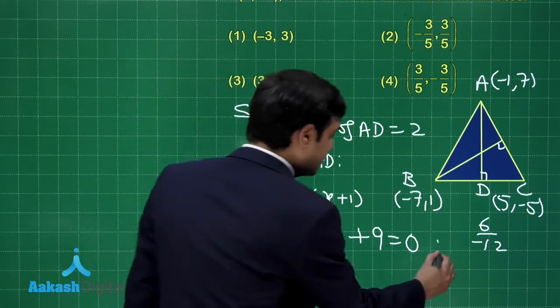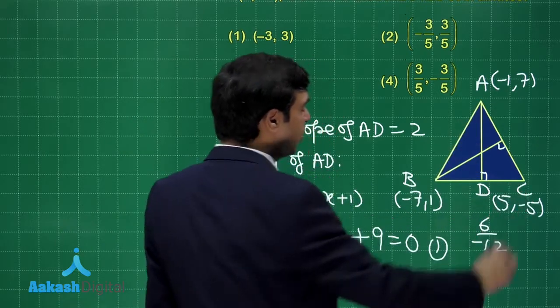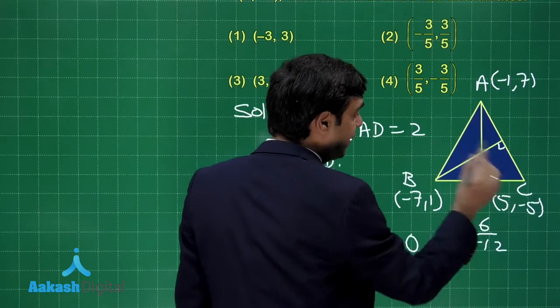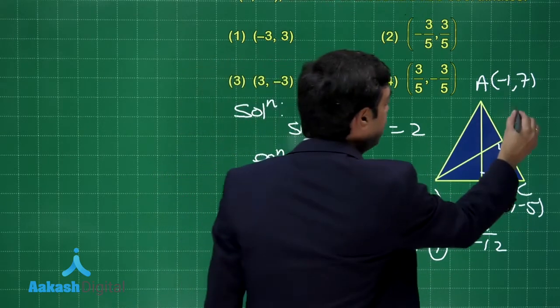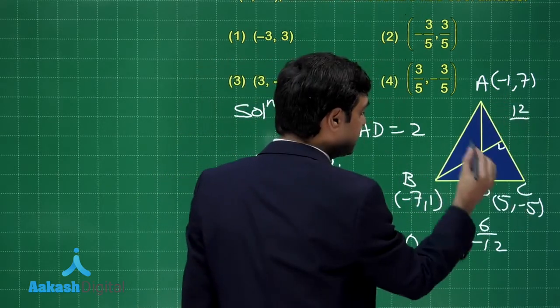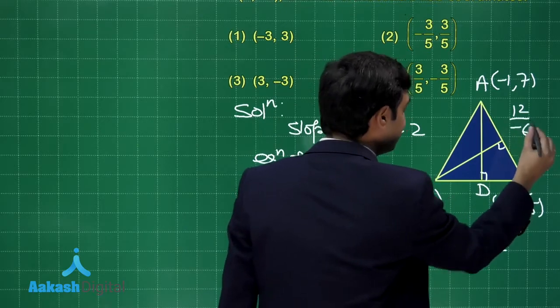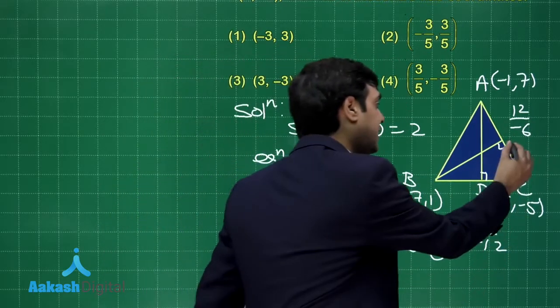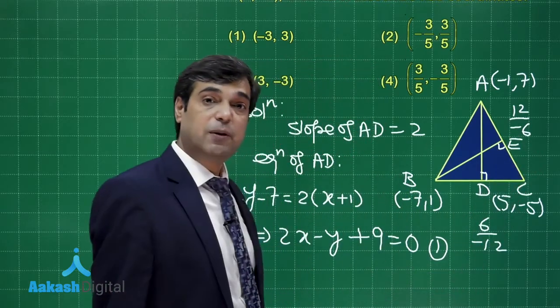Correct? Let's say this is equation number 1. Now let's talk about slope of AC. Slope of AC, we can see this is 7 plus 5, that is 12, divided by minus 1 minus 5, that is minus 6. So here we can see the slope of line, say BE, will be equal to half.